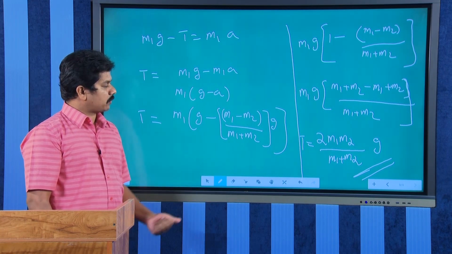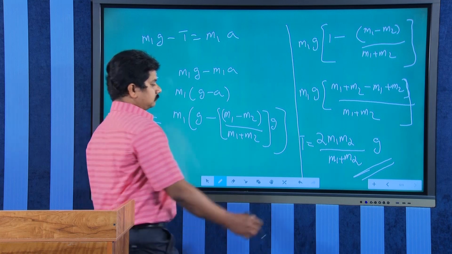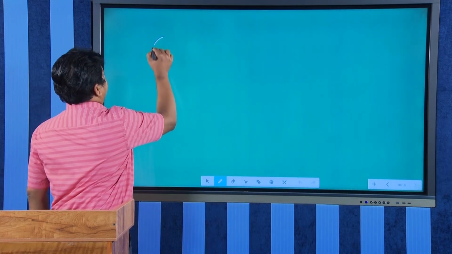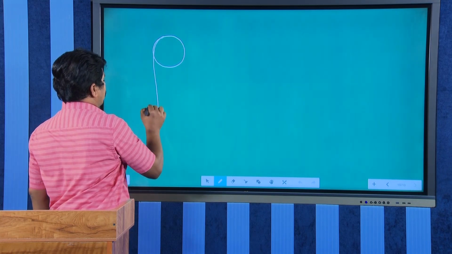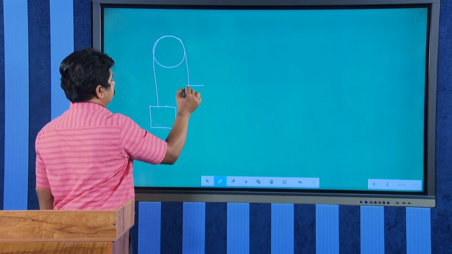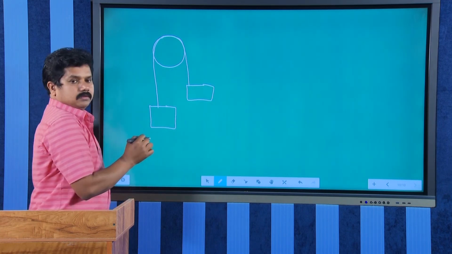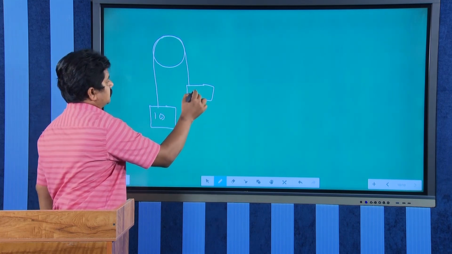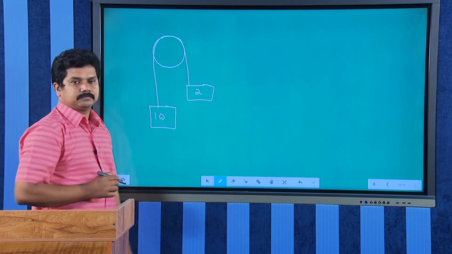So, let us discuss a problem based on this. We have a pulley and 2 blocks. Take this is some 10 kilogram and this is 2 kilogram.